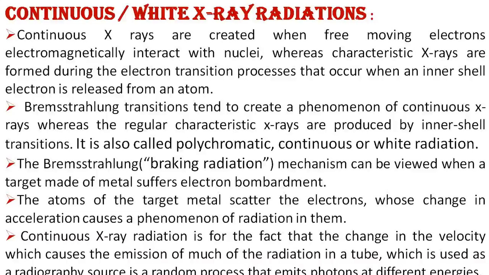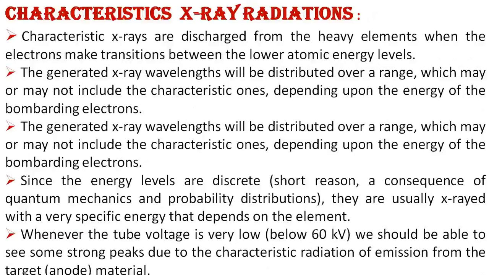The atoms of the target metal scatter the electrons, whose change in acceleration causes radiation. Continuous X-ray radiation is due to the fact that the change in velocity, which causes the emission of much of the radiation used as a radiography source, is a random process that emits photons at different energies.